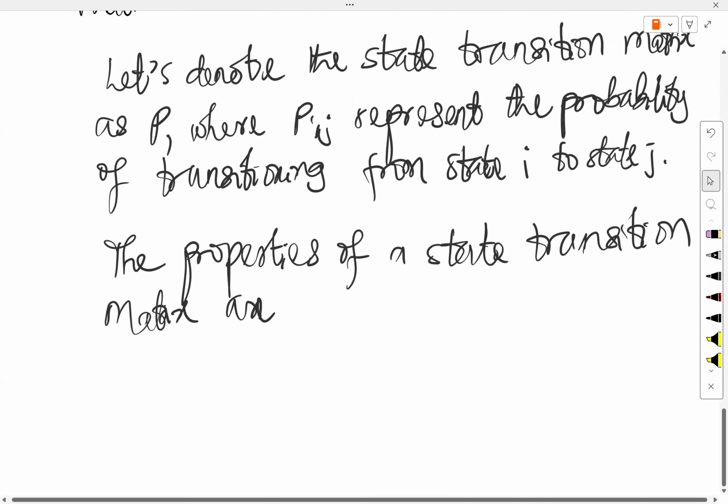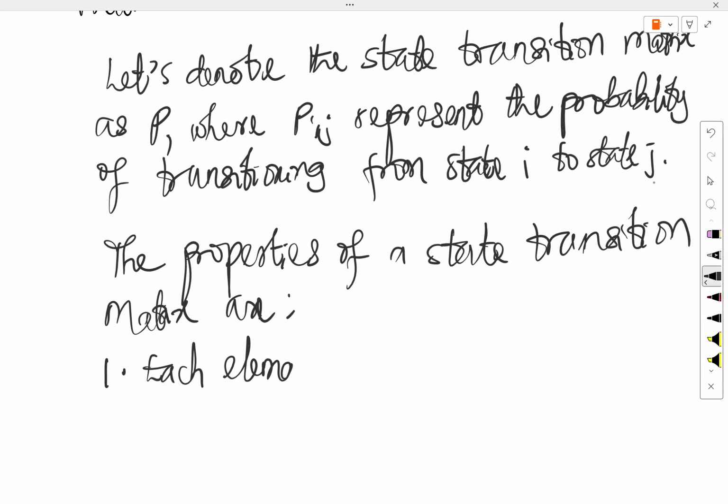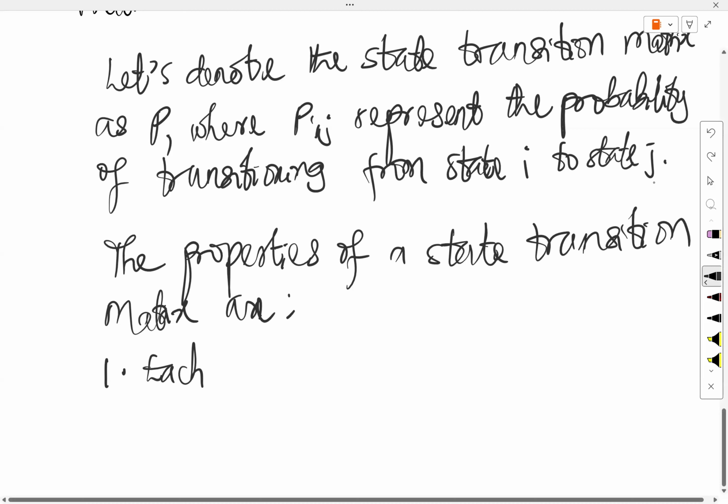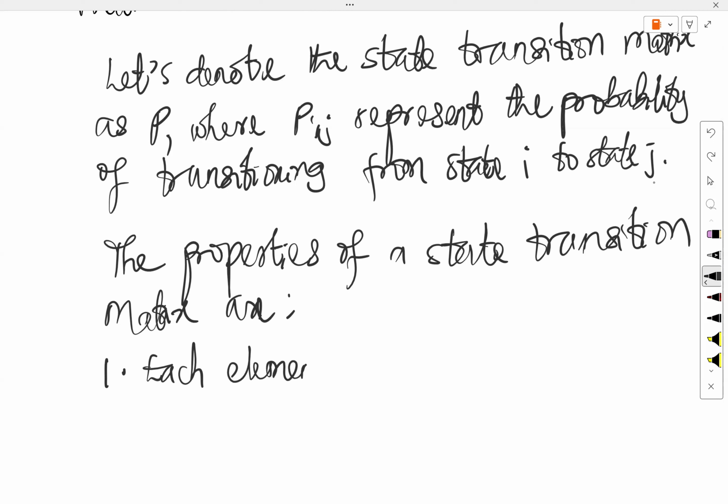Just two. One, it looks very close to what we said about PDF in one of my previous videos. Each element Pij is a non-negative number.